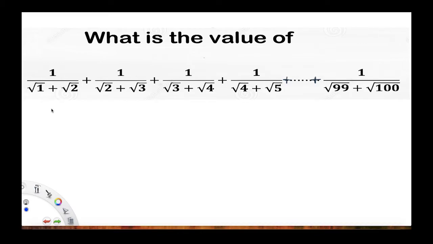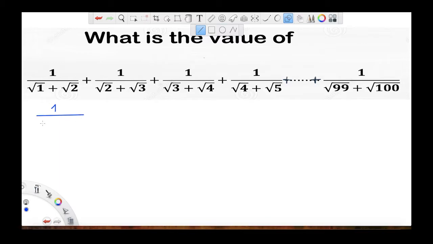fractional surd. So we have 1 over the square root of 1 plus the square root of 2. So let's put this in the bracket because we need to multiply top and bottom by the conjugate.